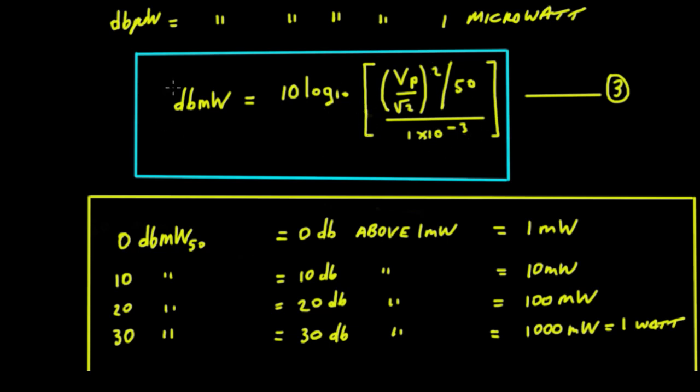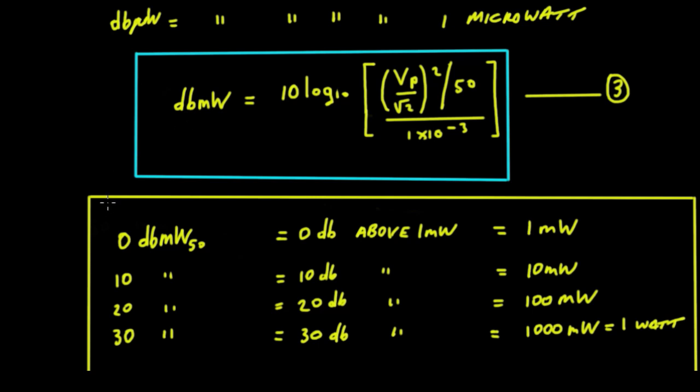So that is equation number 3, and it allows us to work out an absolute value of a power into a 50 ohm load.